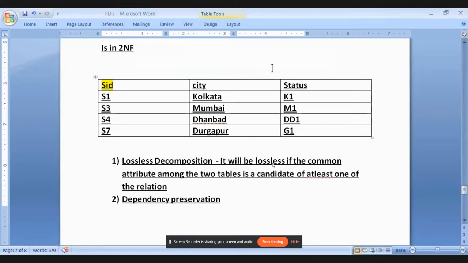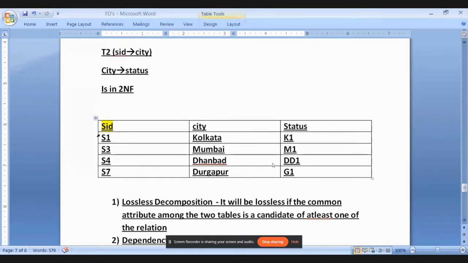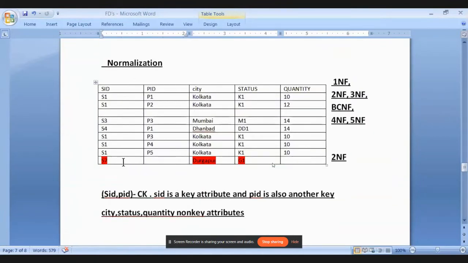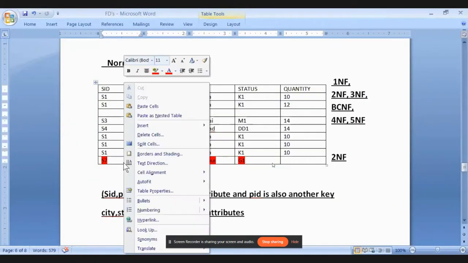In the T2 table, is redundancy present? No, ma'am. But yes, there could be. Actually, let me add some more records here.